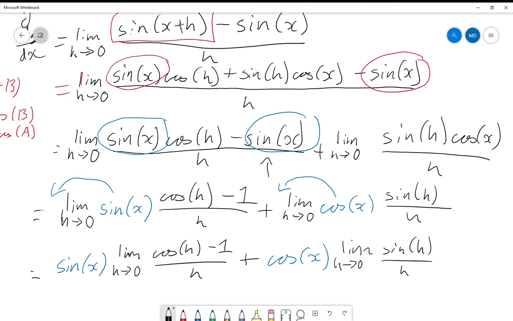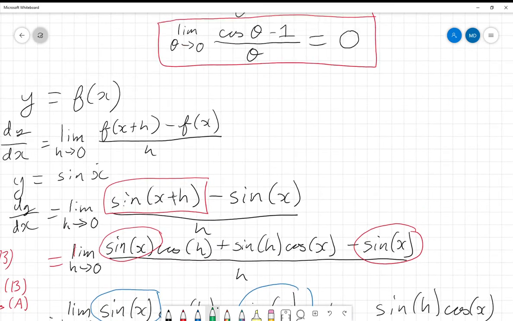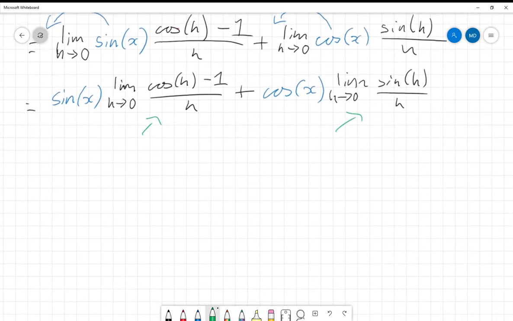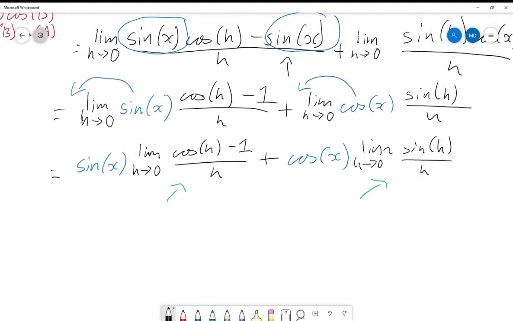But these two things are exactly the two things that we defined at the start, and they're equal to 0 and 1 respectively. So this is equal to sine of x times 0 plus cosine of x multiplied by 1.